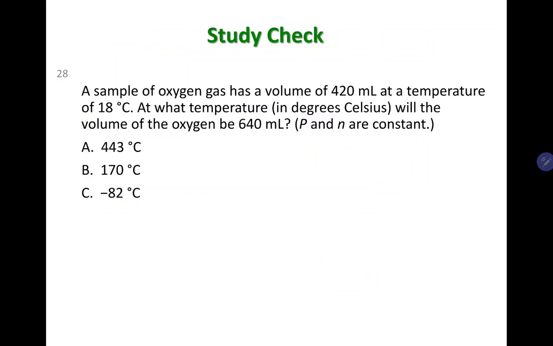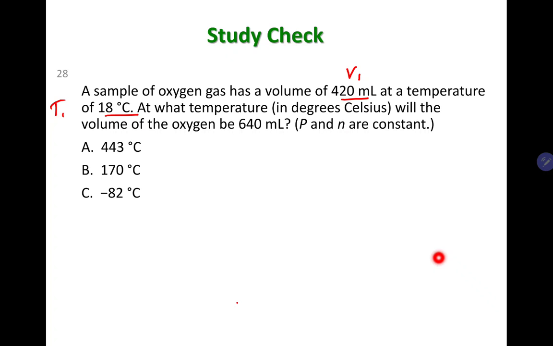All right, so let's see if you could do this one. In this study check, what you have is a sample of oxygen gas, and you know the volume and temperature. This is your V1 and here is your T1 in Celsius. We don't want it in Celsius, we want to convert it into what? Kelvin.